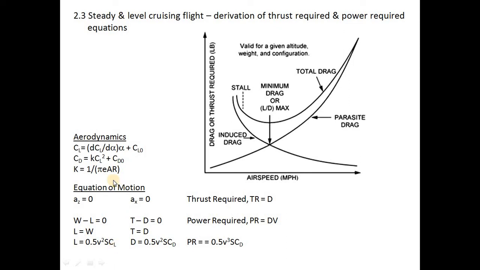So when CL is decreased, induced drag, K CL squared, will definitely decrease. I will prove it; you have to prove it. And as for CD naught, it is constant. So at any airspeed, the CD naught will be the same.